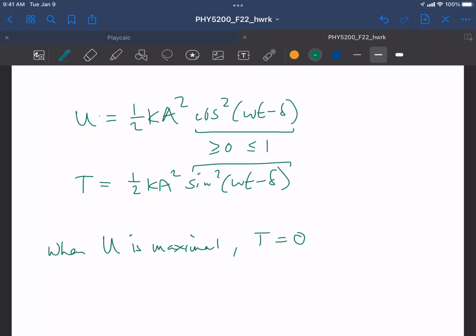And likewise, when T is maximal, then U is equal to 0.